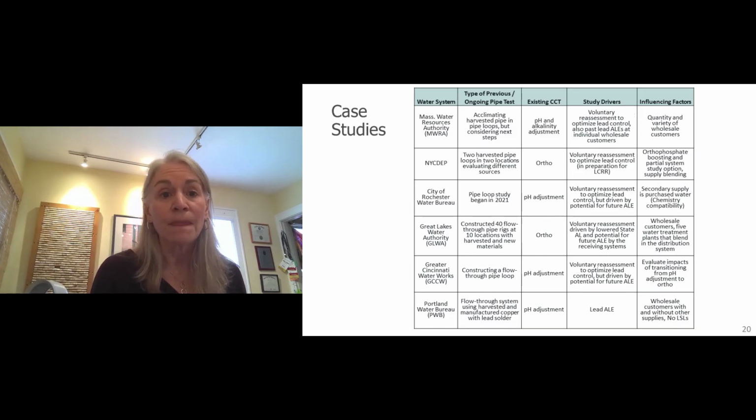For example, the Massachusetts Water Resources Authority is doing a voluntary reassessment. They are a wholesale supplier, but some of their wholesale customers that have lead service lines have been experiencing action level exceedances, and with the concern of the Lead and Copper Rule Improvements, they just want to make sure that they are in good shape to voluntarily optimize, ahead of any of the regulation coming out.